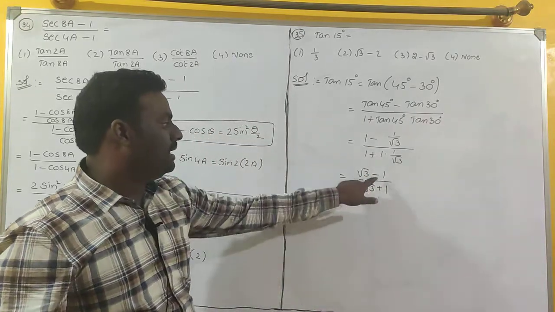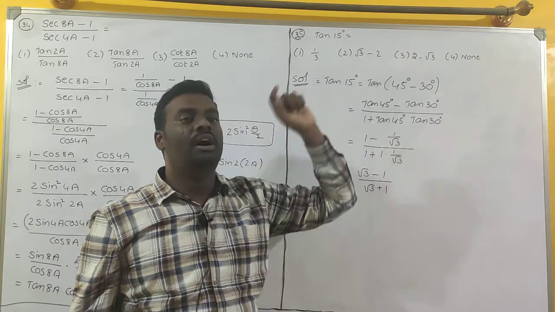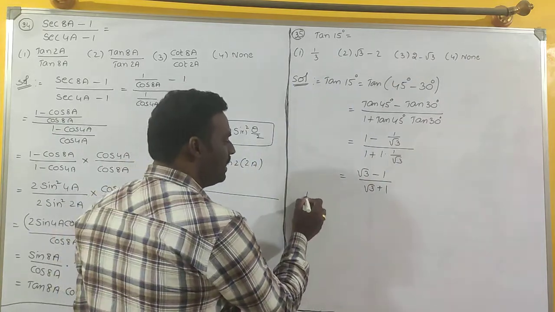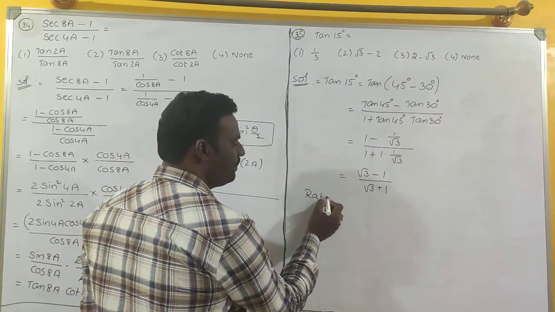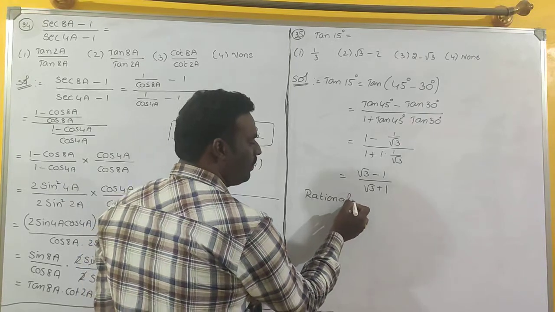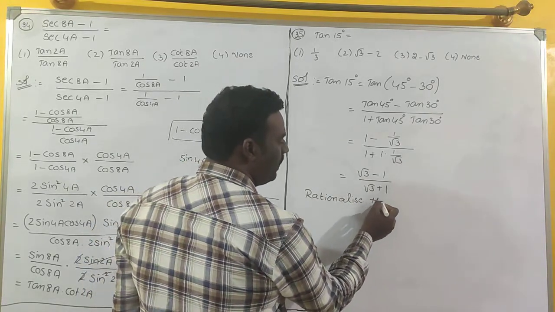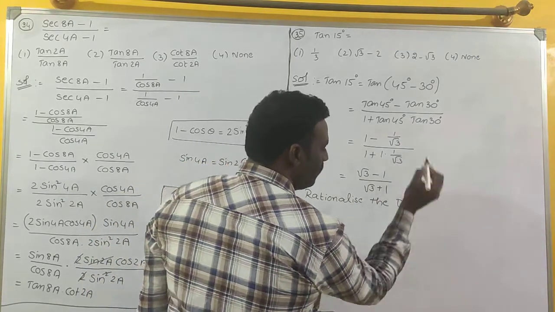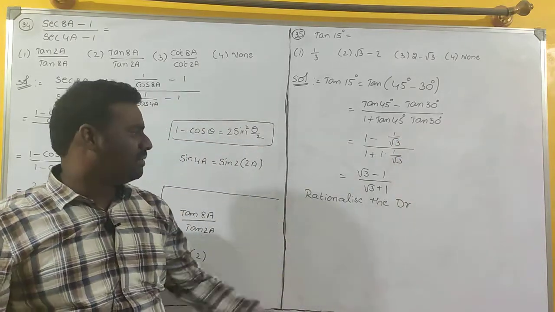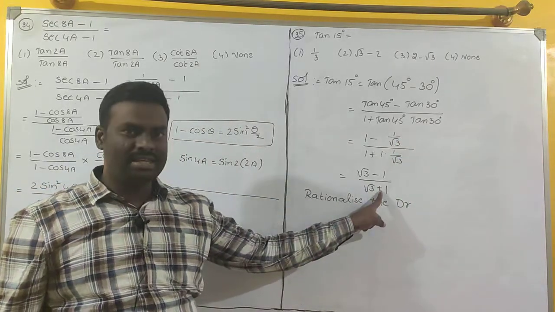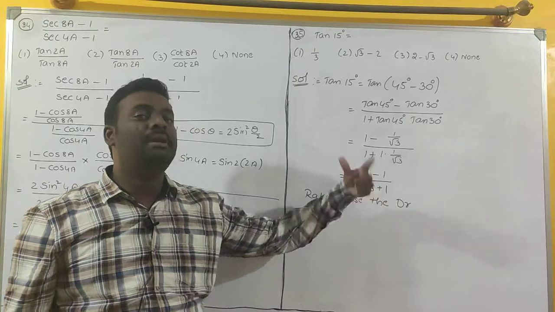But here, this answer is not given in the options. That's why we rationalize the denominator. What is the meaning of rationalization? In the denominator the symbol plus is there, so you take minus, multiply and divide.